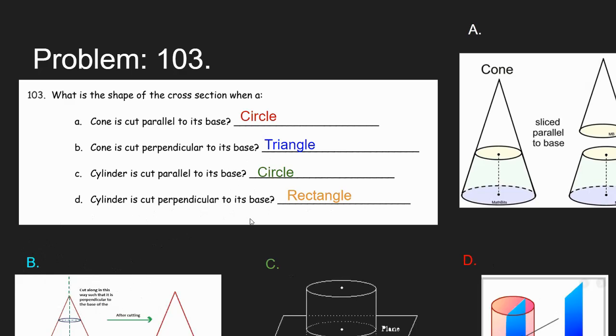Now just applying that, we remember that I rotate a rectangle 360 degrees, and there's going to be two circles on the top and bottom. That's a cylinder. Perpendicular is just cutting that vertically. Since you cut it vertically, it's going to be a rectangle as shown.